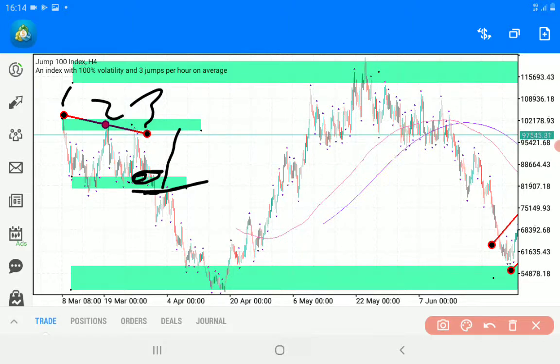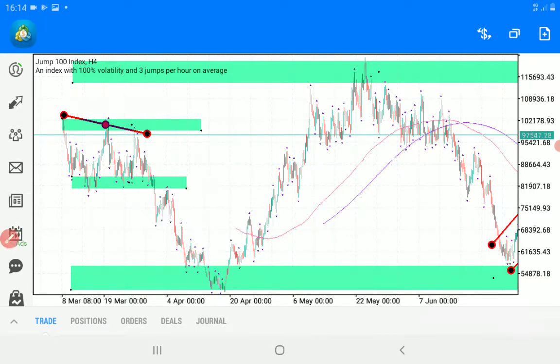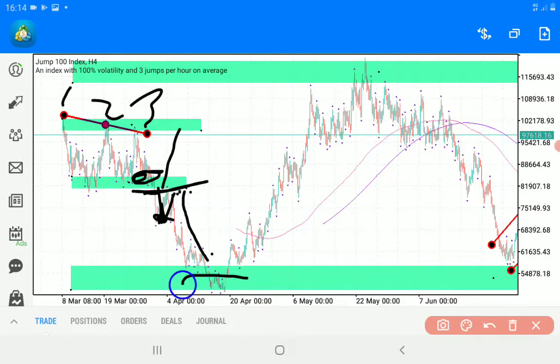But then now that your resistance is broken, you were going to wait for it to retest, and then on retest you're going to click sell, and then it's sold, right? And then you were going to take your profit, TP somewhere here. I'm just going to delete all that.